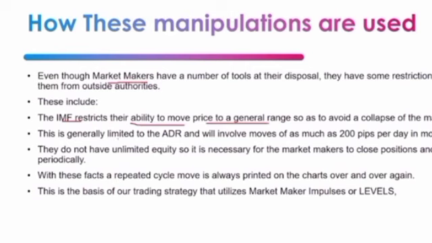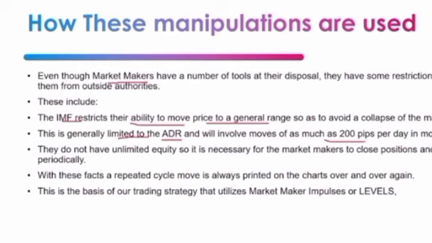This generally limits them to trading an average daily range, which involves moves of as much as 200 pips per day in most pairs. After they clock this determined average daily range, they need to close their positions, which leads to the market consolidating.